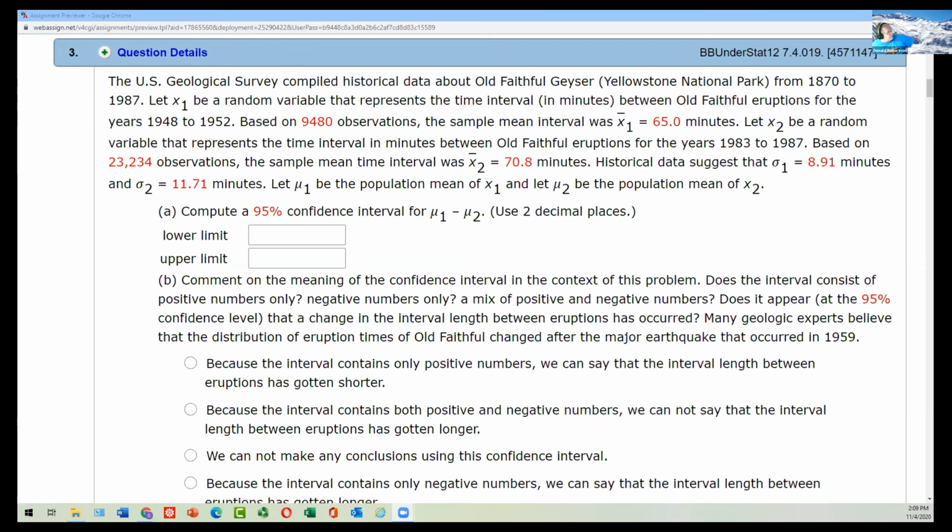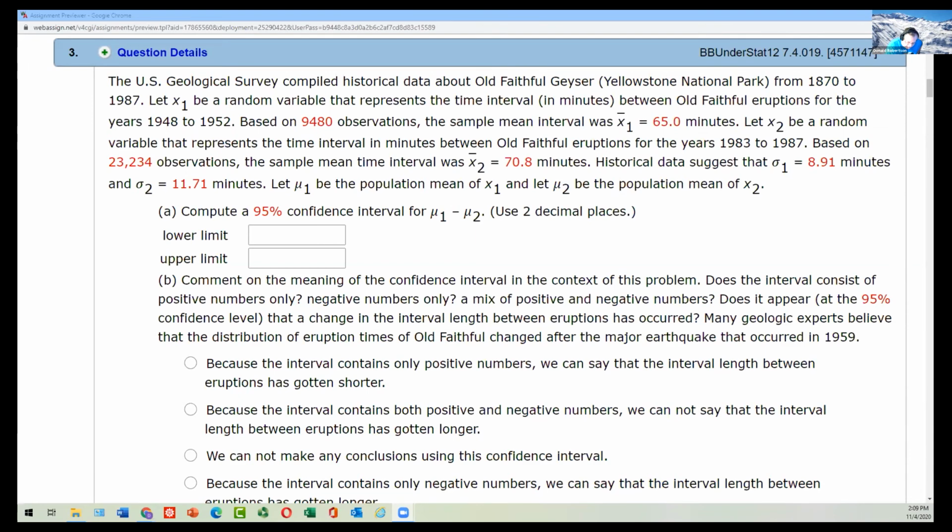Let X1 be the random variable that represents the time in intervals between Old Faithful's eruptions from 1948 to 1952. So that's going to be population 1, how long between eruptions from 1948 to 1952. And this was based on 9,480 observations.